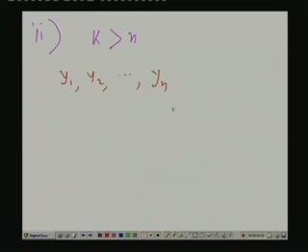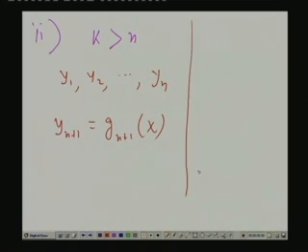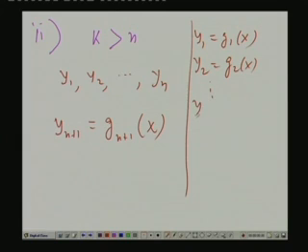Now, consider y n plus 1, which is nothing but g n plus 1 of x. My statement is that most often you can express the elements of x, x 1 to x n, in terms of y 1 to y n. How? We know that y 1 is g 1 of x, y 2 is g 2 of x, and so on.